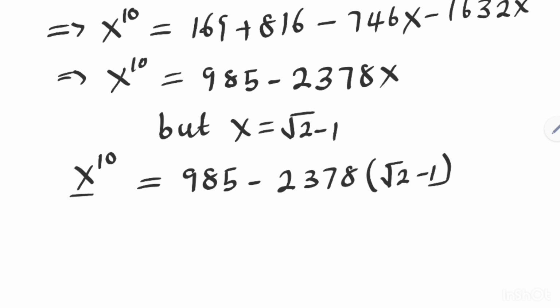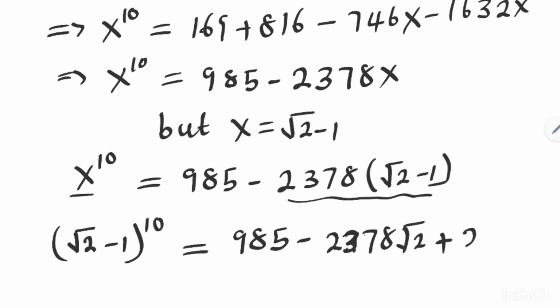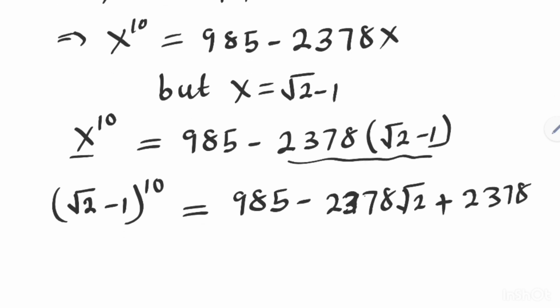And this will be root 2 minus 1 raised to power 10 is equal to 985 minus, let's open this bracket, we have 2378 root 2 minus times minus 1, that is plus 2378.